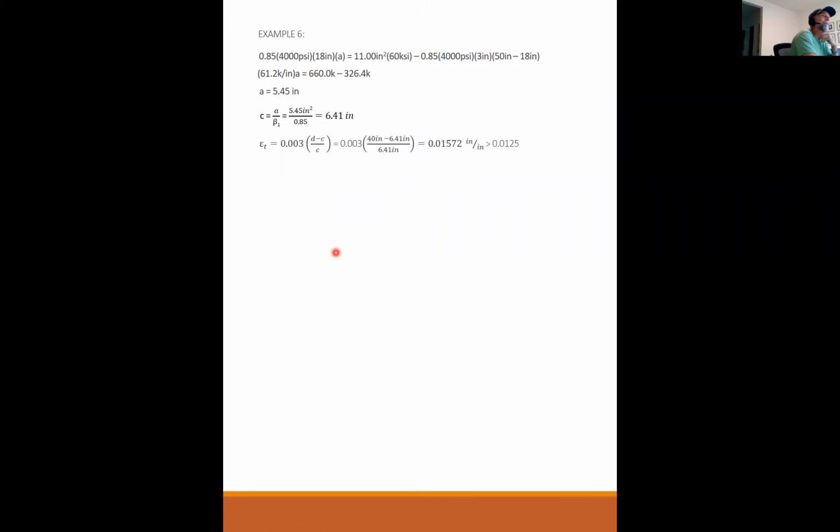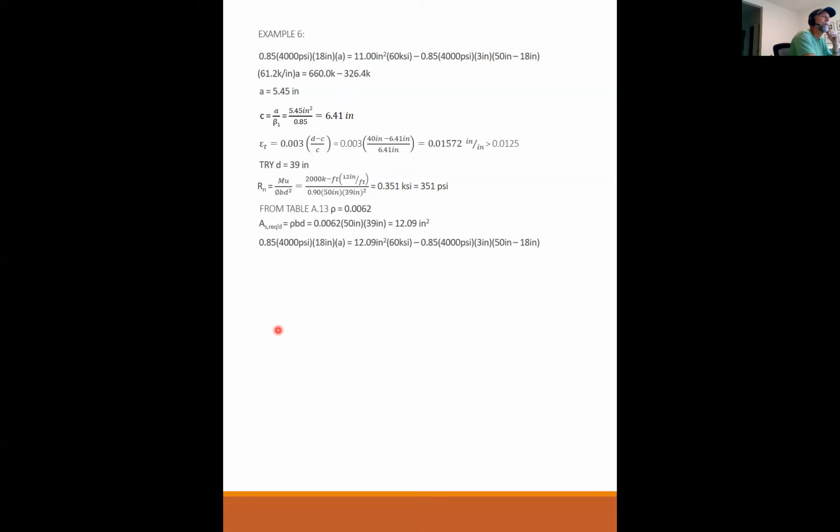Dang it. So let's try 39 inches. I calculate R sub n, 351 psi. From the table, I get 0.062. AS required is rho times BD. Gives me 12.09 inches squared. This, again, same equation. This is your C sub W. This is your T. This is your C sub F. And A is 6.52.